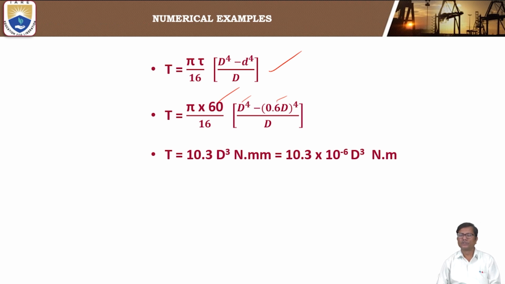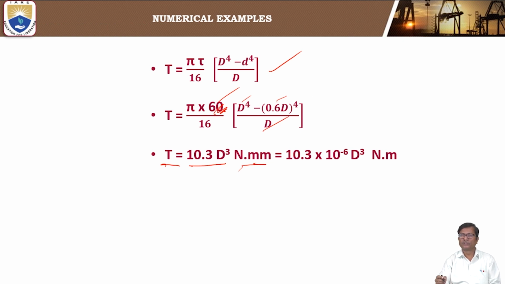So now torque is equal to 10.3 D cube Newton millimeters, because this is in Newton per mm square and diameter in millimeter we'll substitute.